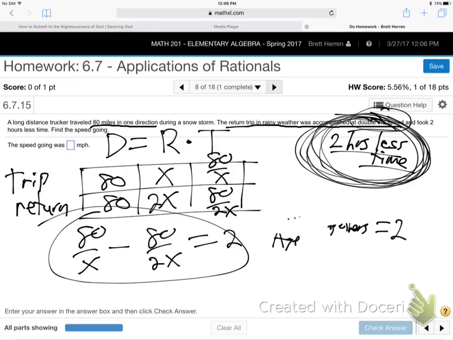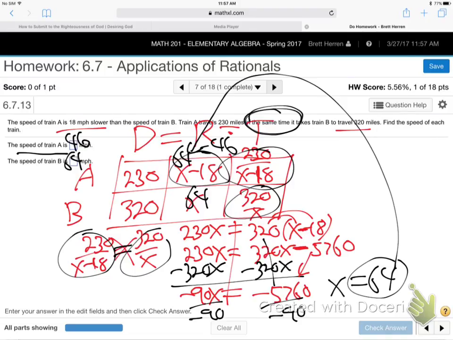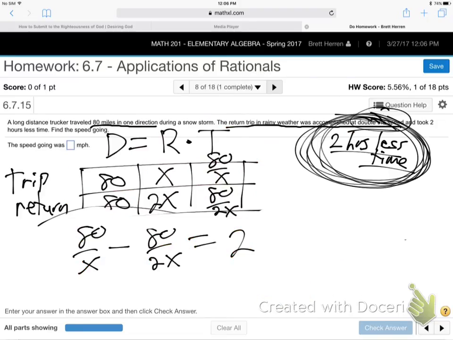Good? See that trick? All right, so now we got to solve this equation. And this is harder because it's not just one fraction on each side. We can't just go diagonal, diagonal. You see the difference? See, let me go back. See how over here, this last problem, it was just one fraction on each side. We just went diagonal, diagonal. But since we can't set it equal to each other, you have to do like we were talking at the very beginning.